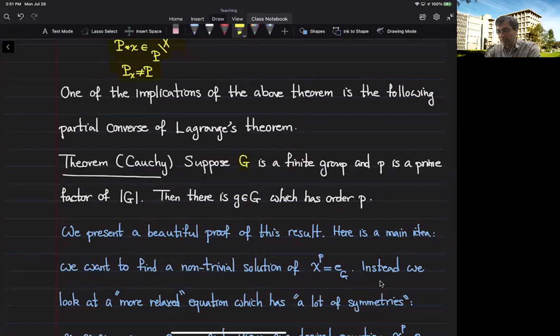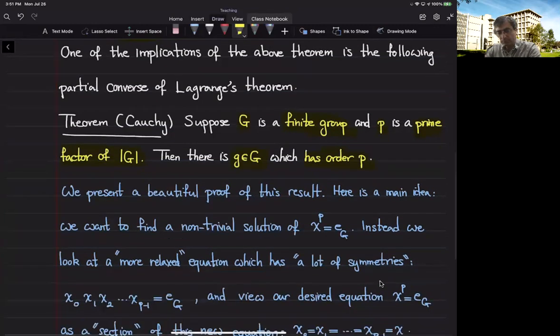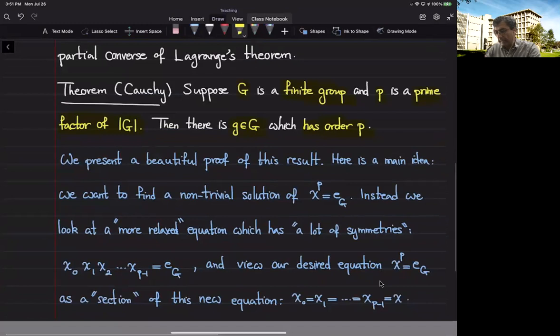Suppose G is a finite group, and assume that p is a prime factor of the order of G, then I can find some element of this group whose order is precisely p. So it is a partial converse of Lagrange's theorem. The proof that I'm going to present is a beautiful proof, and the idea is as follows.